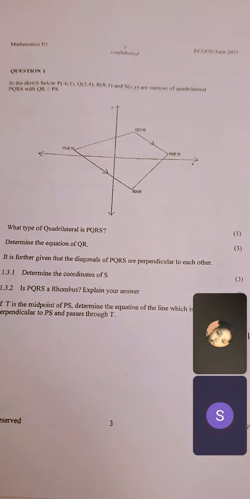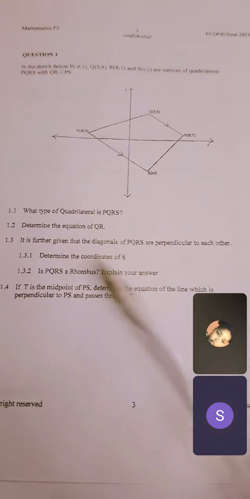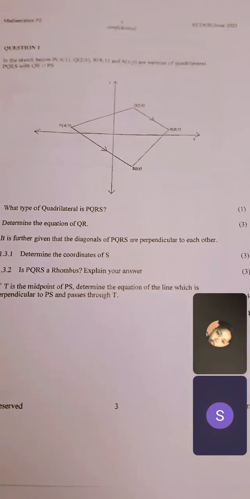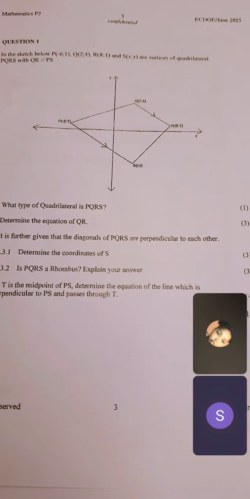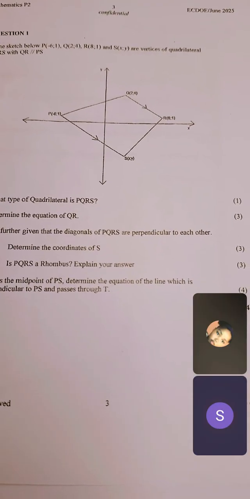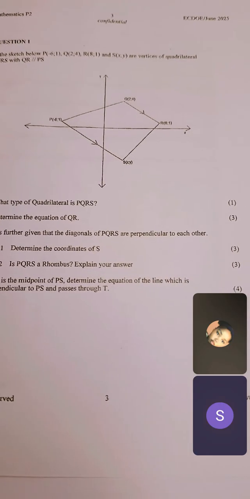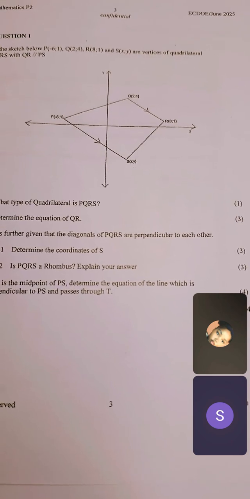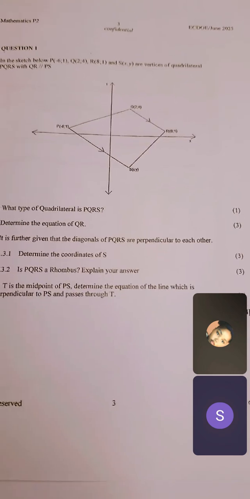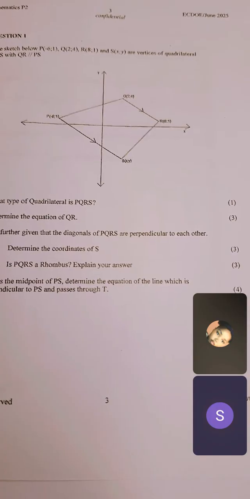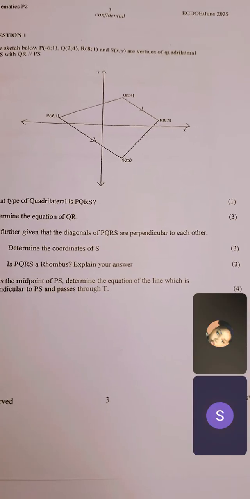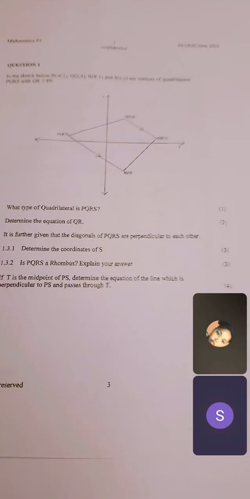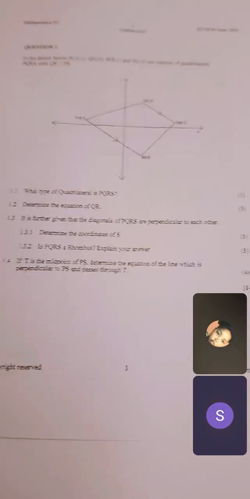Okay, all right. So we can go. Okay, sir, the way I wanted to approach it was the gradients. If we multiply the gradients of these perpendicular lines and they give us -1, then we can be sure about perpendicular and also get the coordinates of S. I hear you.